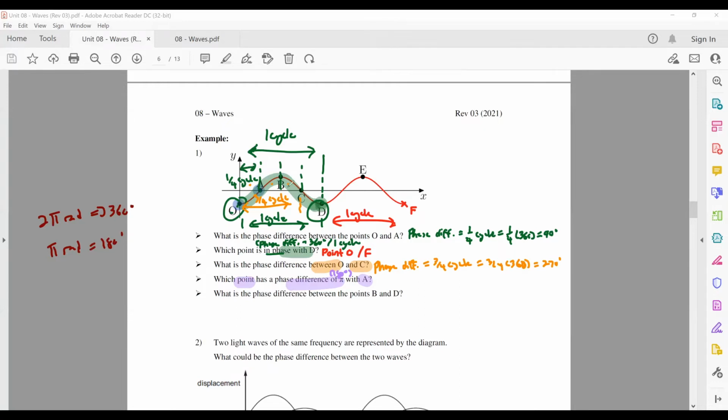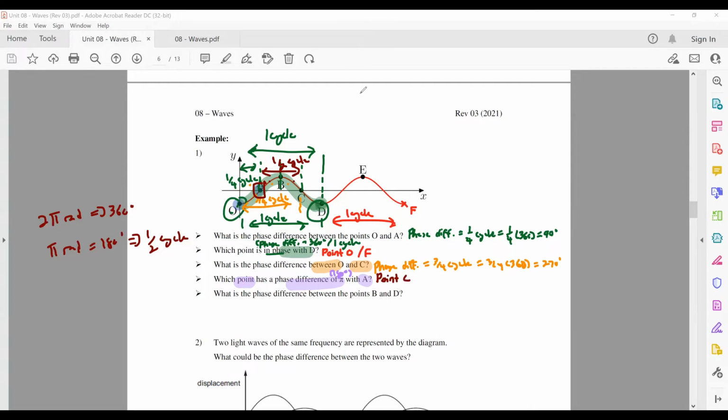So if you're looking at a point that has a phase difference of pi with A, pi here being 180 degrees or half a cycle, you look at point A, which is this one here. Which point is half a cycle different from A? It will be this one. This one is half a cycle, right? A quarter plus a quarter gives me half a cycle. So point C will have a phase difference of pi with A.